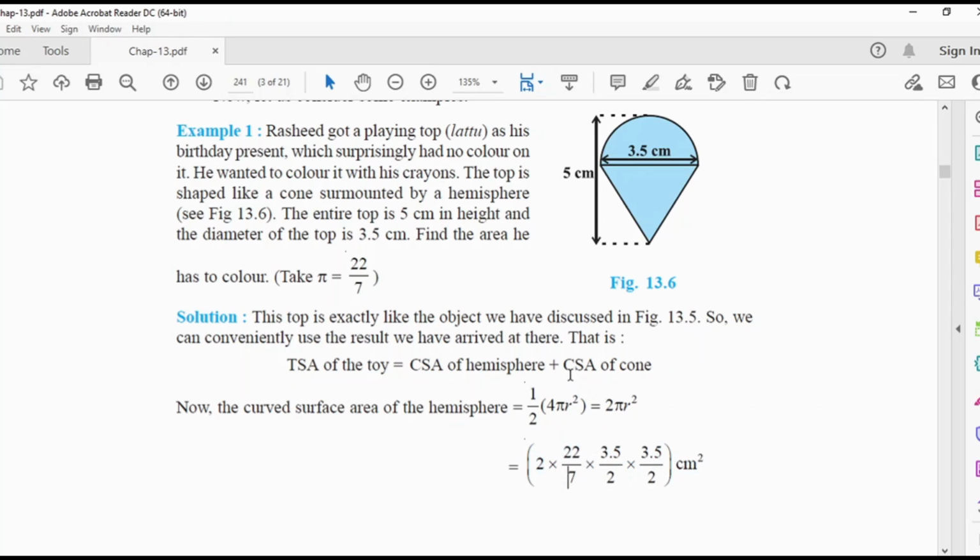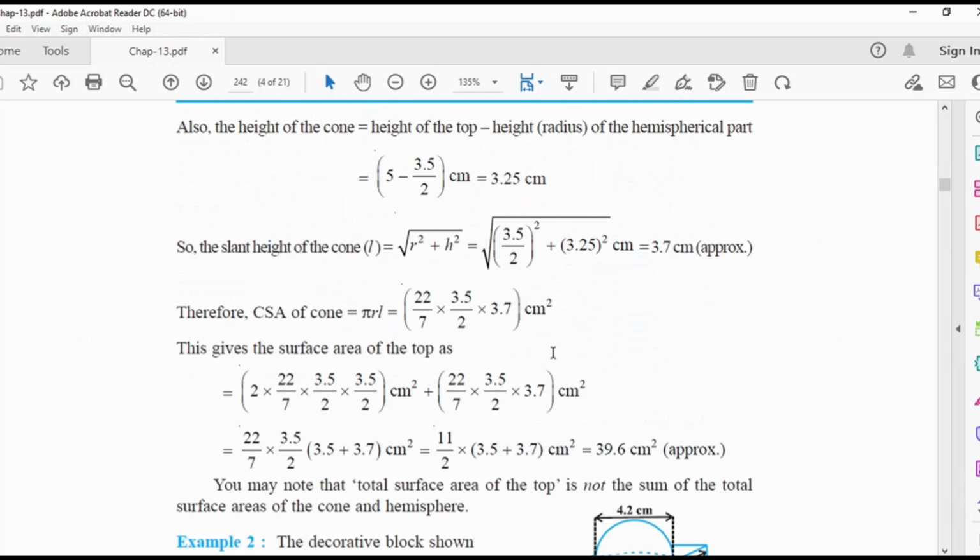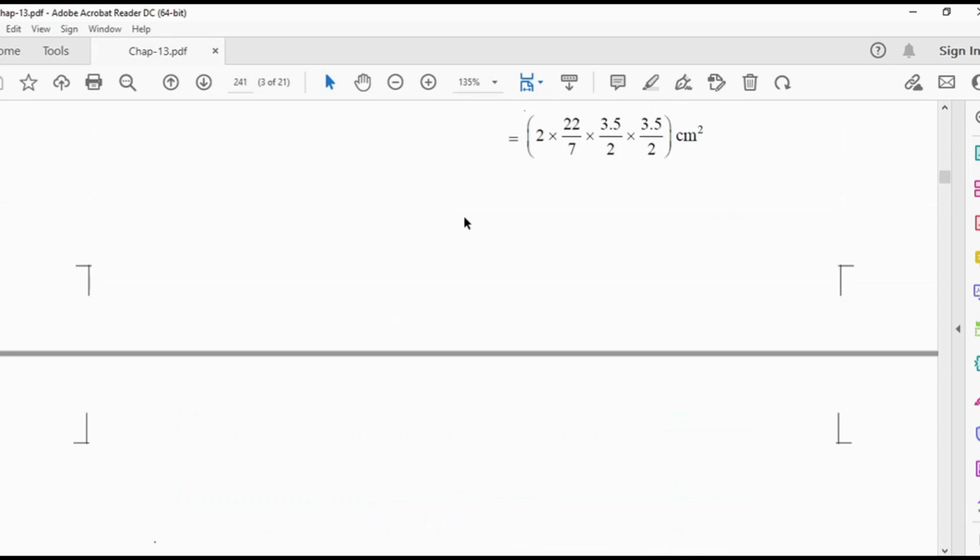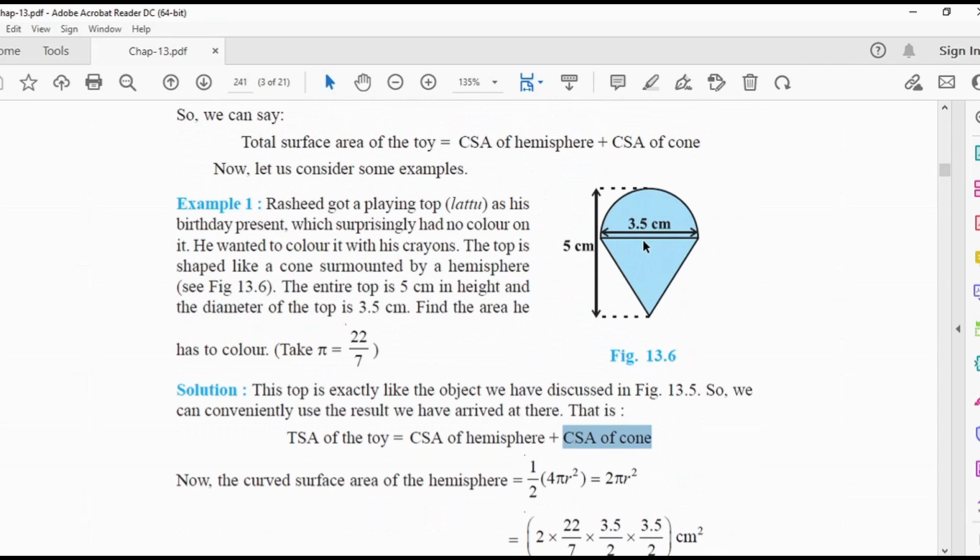Now we go to find the curved surface area of the cone. To find it, you need l, the slant height, but it is not given in the figure. But we have the height of the cone and the base radius of the cone. So you can form a right triangle here, right?